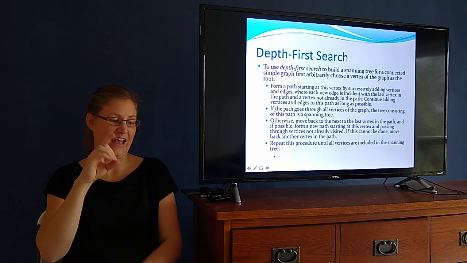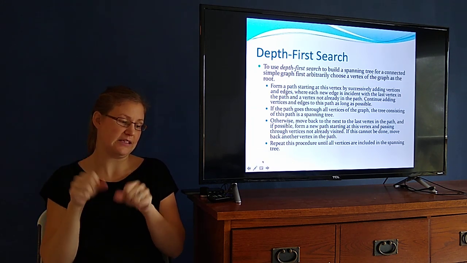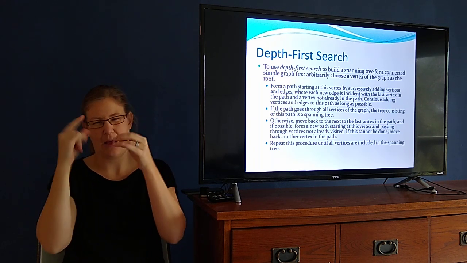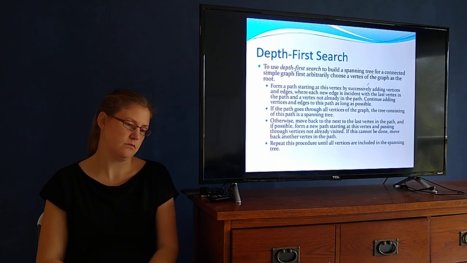So let's have a small graph just to have an idea about this search algorithm to construct a spanning tree.